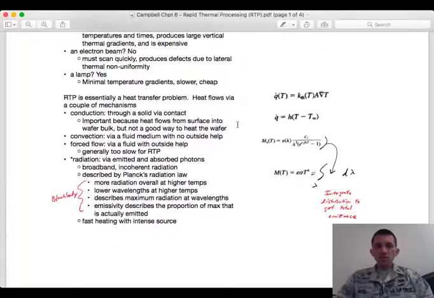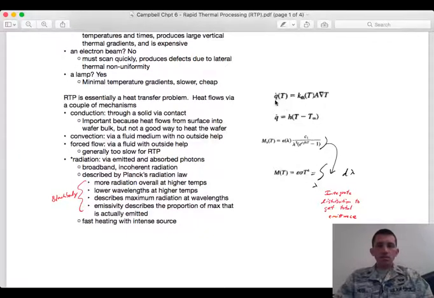But it wouldn't be a very good way to heat the wafer, because that contact would generate a lot of surface imperfections. As we'll see later when we talk about contact photolithography, that's the main drawback there, is that anytime you have contact, you have the possibility of creating surface imperfections.